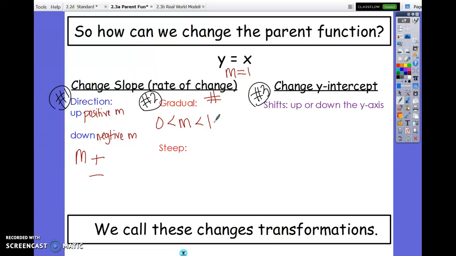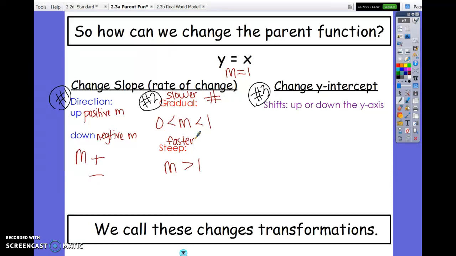If we have an equation that is more steep than our parent function, that means our slope is greater than 1. Gradual means having a slower rate of change than the parent function. Steep means having a faster rate of change than the parent function.